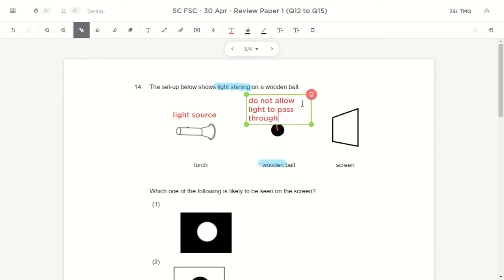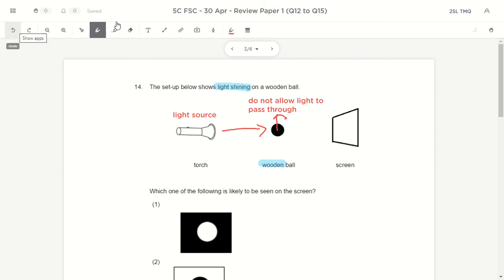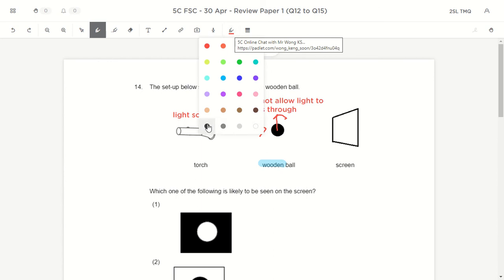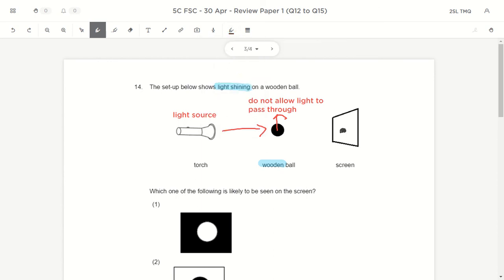So if wooden ball does not allow light to pass through, what do you think will be formed on the screen? I have a light source here. The light shines here towards the ball. The ball does not allow light to pass through, so you realize that there will be a black color shadow over here representing the ball.